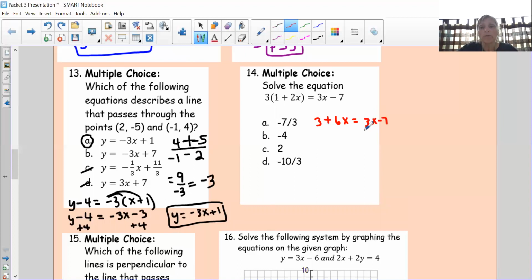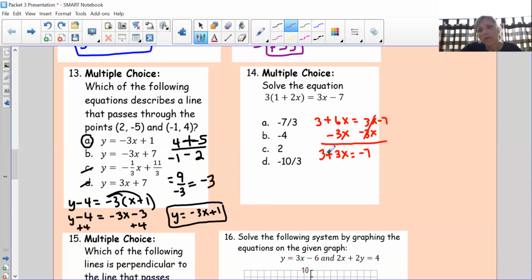The smaller one here is 3x, so I subtract 3x on both sides. I still have 3. Opposite signs, subtract, sign of the larger. And on this side, I have negative 7. Nothing happened to it.